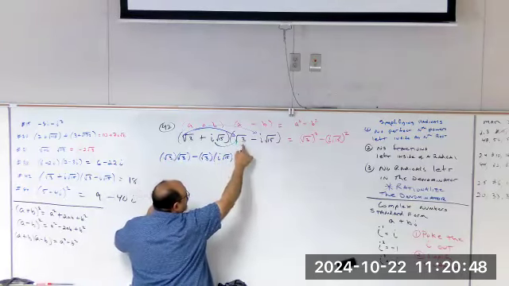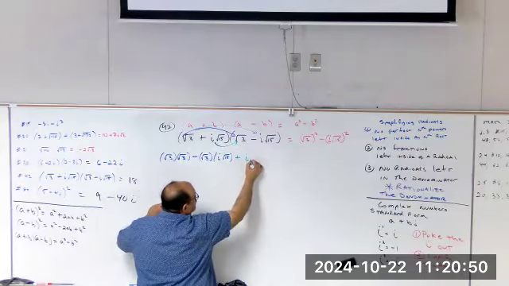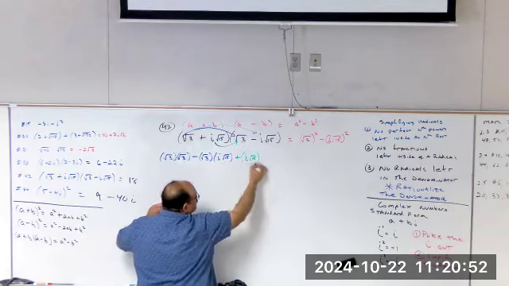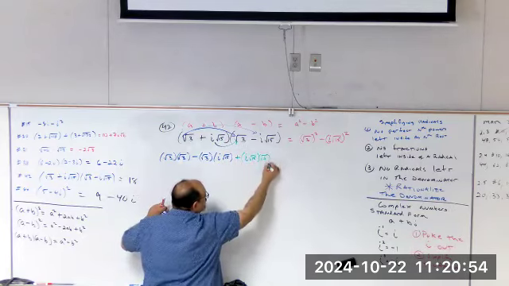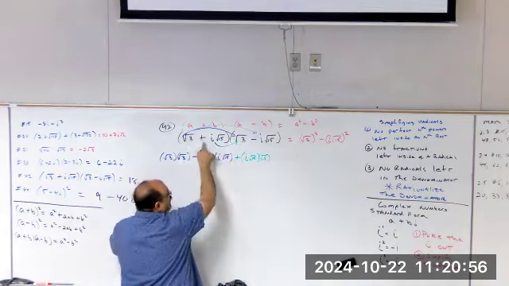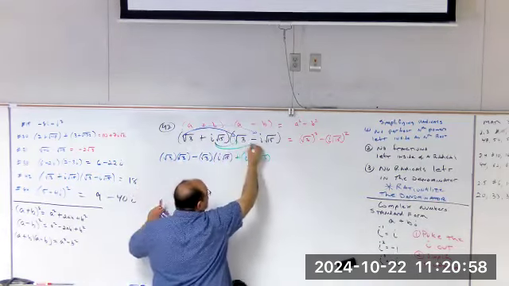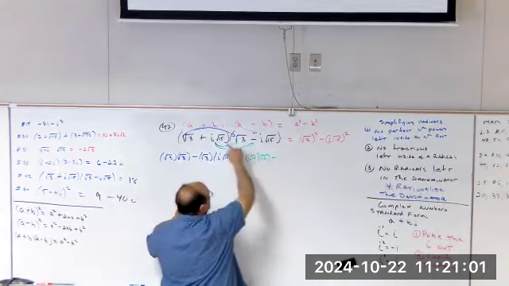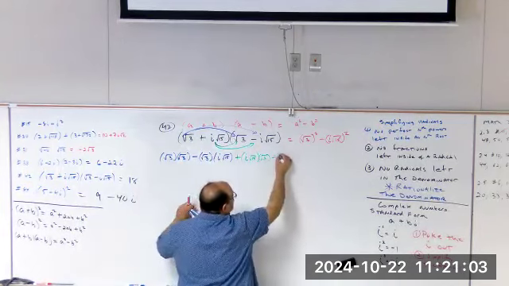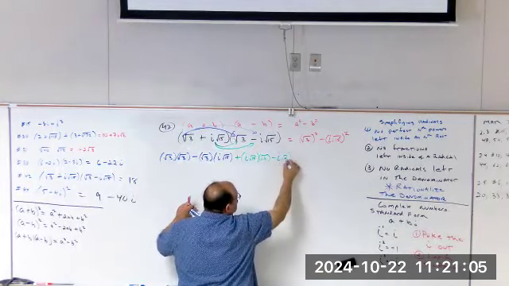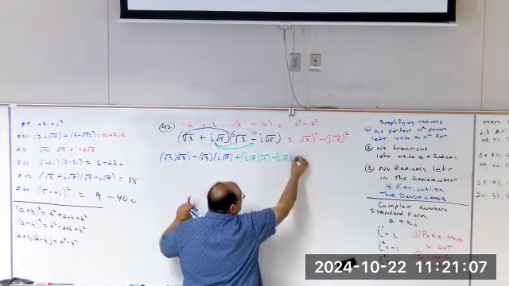i square root 15 times square root 3. And then we get a positive times a negative, so that's a negative. And we get i square root 15 times i square root 15.